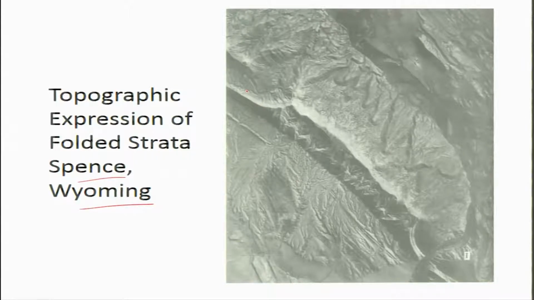So this is showing the folded strata where you can find these plateau like features. These actually represent the zigzag pattern of this terrain. When you see the contour map of this region, you will have a clear idea that yes, there is some tectonic landform over here.